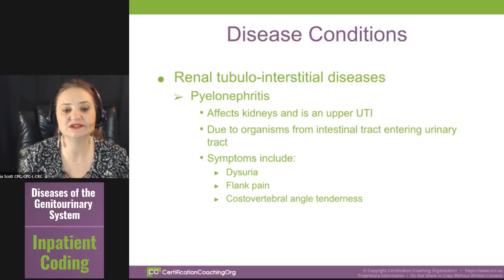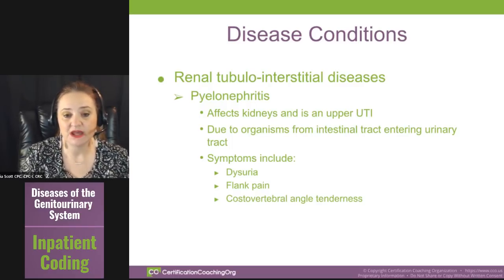What happens is you get some type of an organism, usually a bacteria, that gets into the urinary tract, and it literally starts in the urethra, gets up into the bladder. Now, if it stays in the bladder, then 7 days of an antibiotic can usually take care of it.